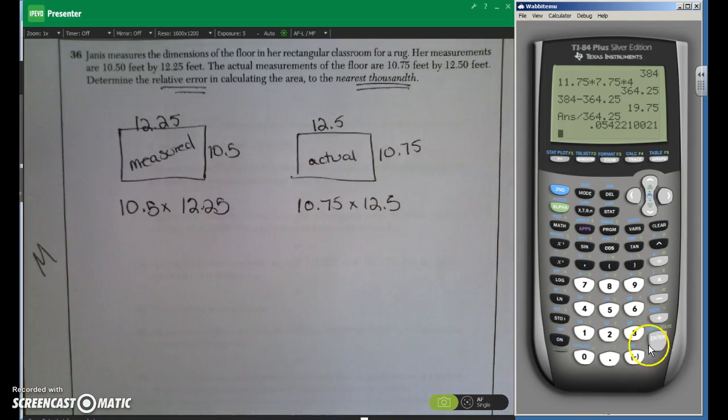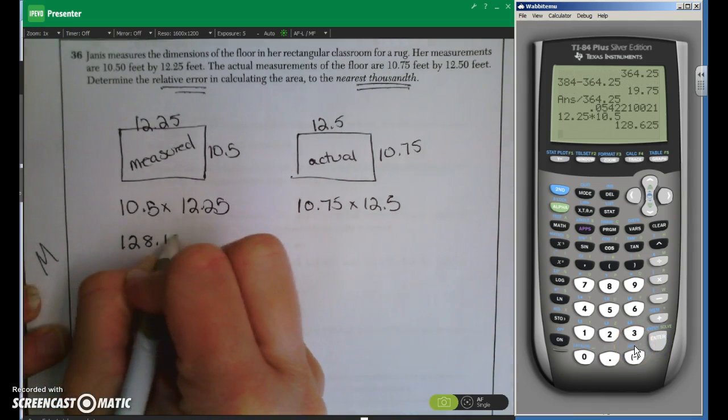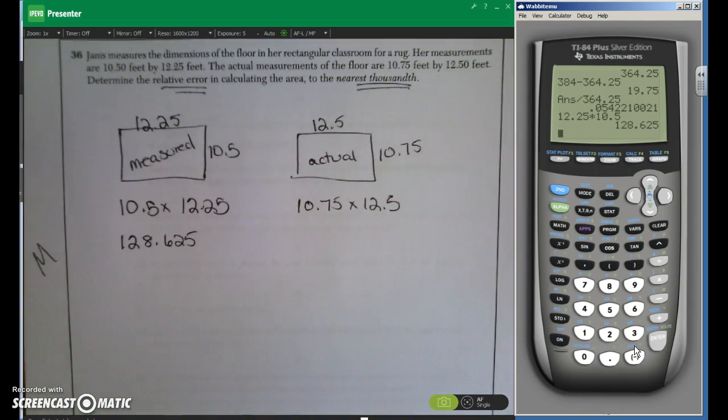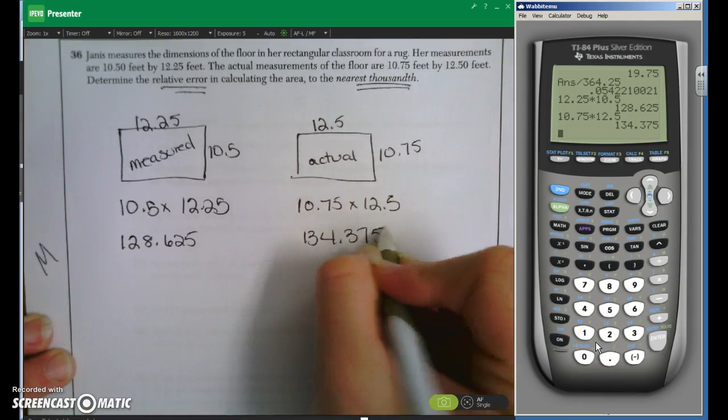Again, first we've got to figure out what the area of each is. So we're just going to multiply. This is going to be 128.625. And we're going to do our 10.75 times our 12.5. 134.375.